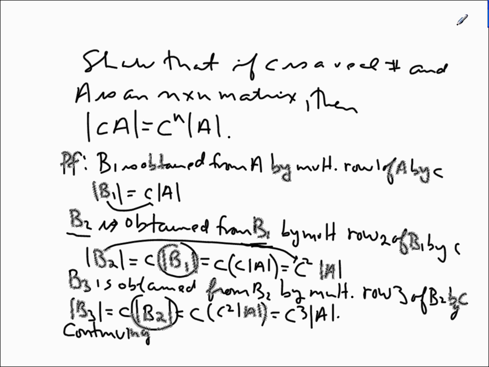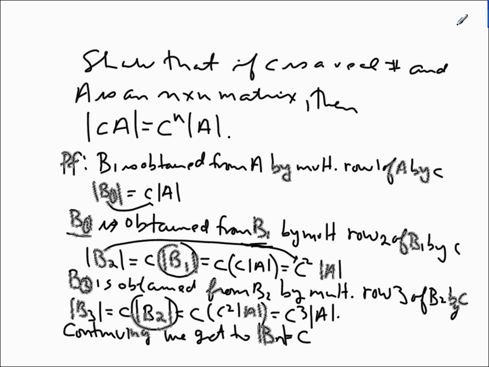Continuing, we get to Bn. Bn is the last row. Remember, B1 affects row 1, B2 affected row 2, B3 affected row 3 by multiplying row 3 by C, and Bn affects the last row.